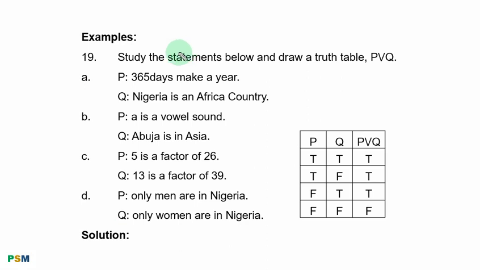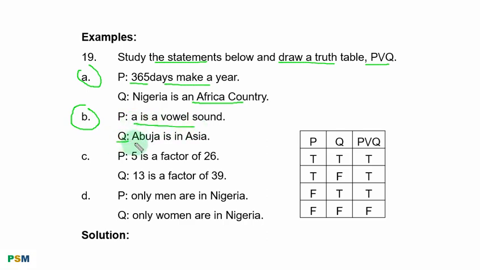Example 19. Study the statements below and draw a truth table for P or Q. Statement A: P, 365 days make a year. Q, Nigeria is an African country. Statement B: P, A is a vowel sound.